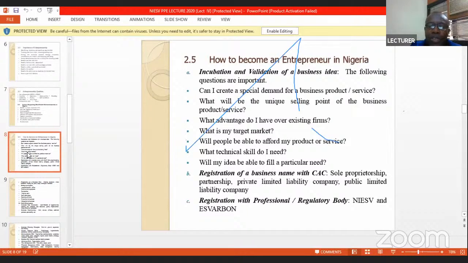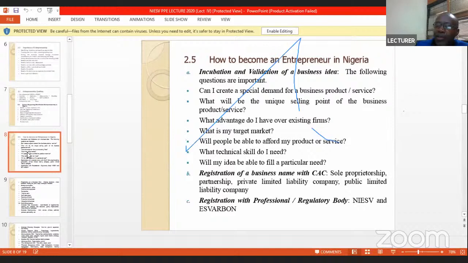The next one is to register a business name. By the time you pass your exam, we expect you to go to CAC, Corporate Affairs Commission, and register a business name.